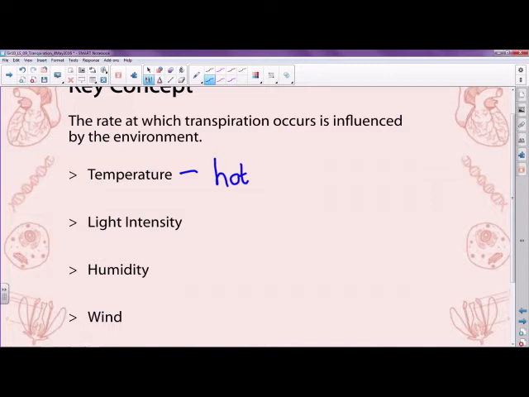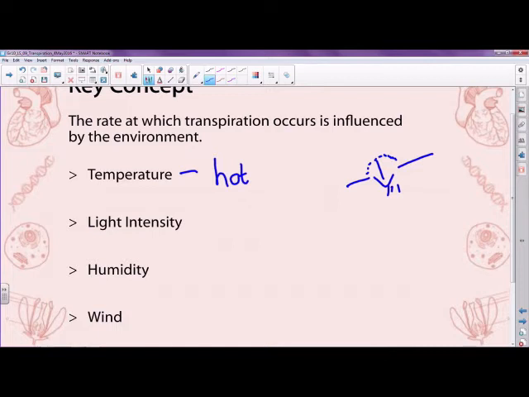So when it's really hot, with the leaf here and lots of water, what do you think is going to happen? The water is going to move much quicker. So the hotter the temperature, the quicker the rate of transpiration. The opposite is true: if it's colder, transpiration will slow down.